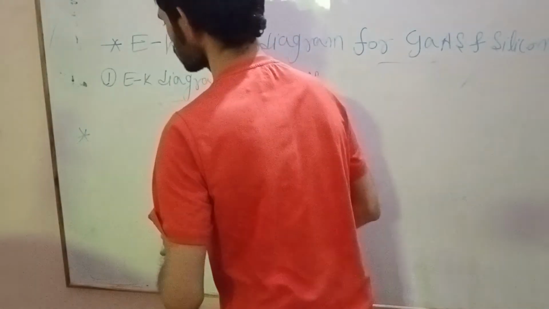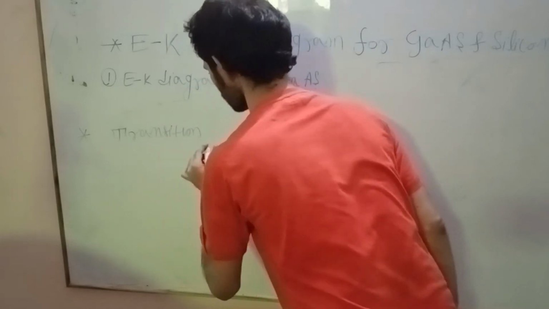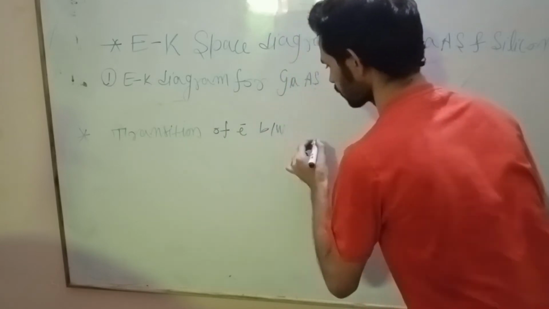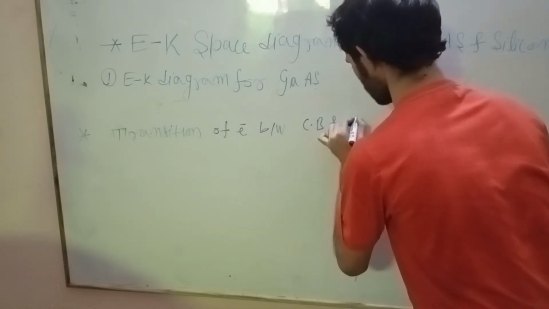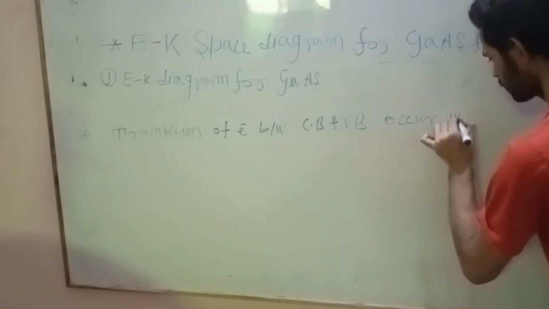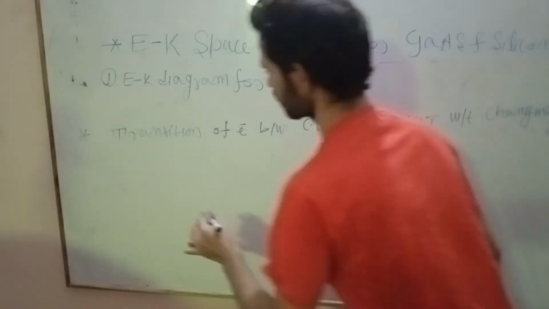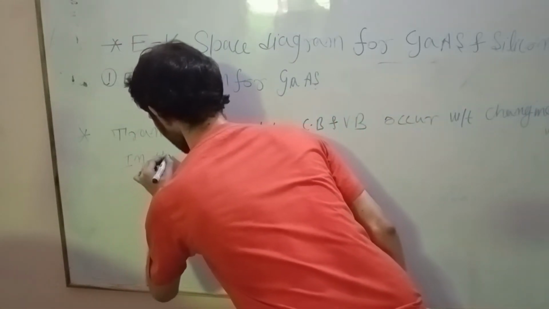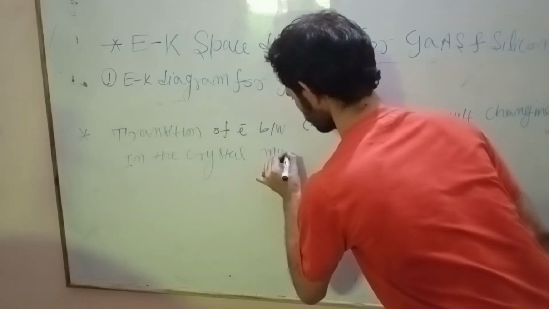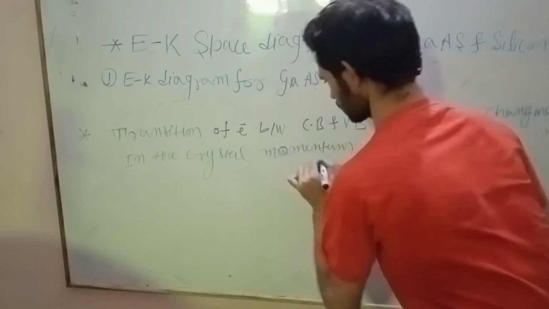So here the transition, the transition of an electron between the conduction band and the valence band, occurs without changing the crystal momentum.